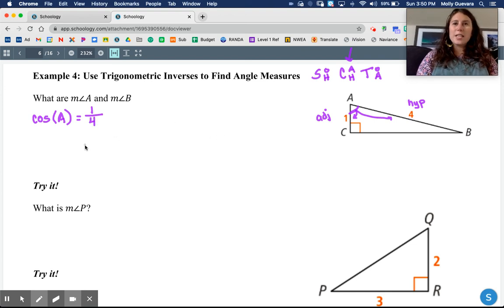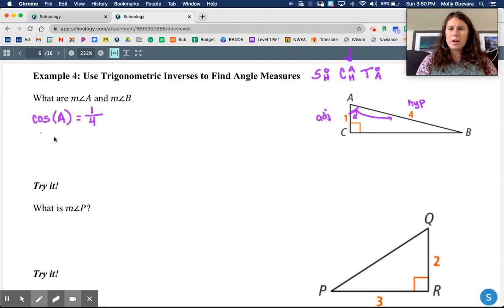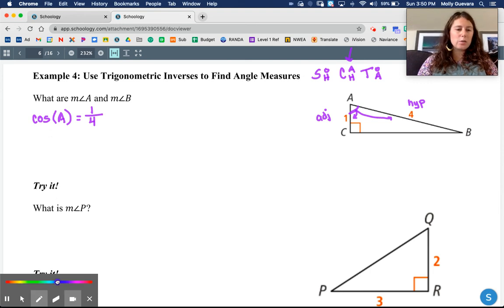Now, our first instinct here is like, oh, we'll just divide by cosine. Well, you can't do that, because cosine by itself means nothing. You have to have some sort of angle with it in order for it to mean something. So you can't just divide by cosine. But what you can do is take the inverse of cosine. It's cosine with a little -1 up top.